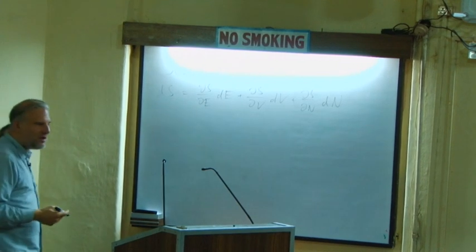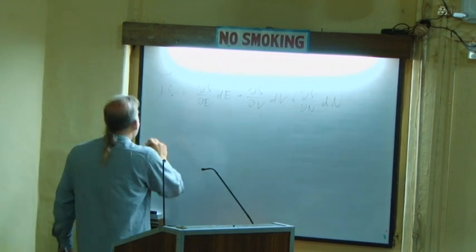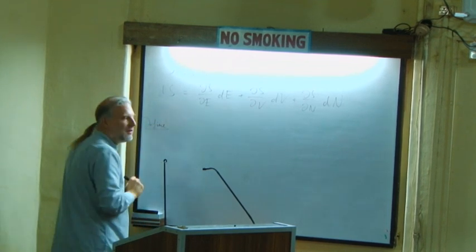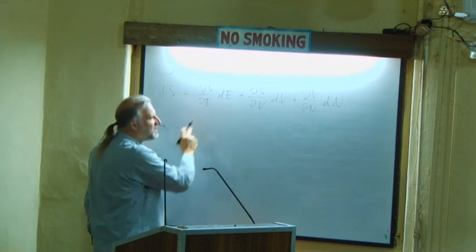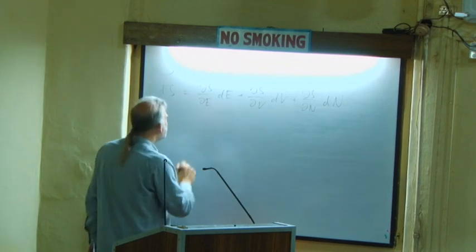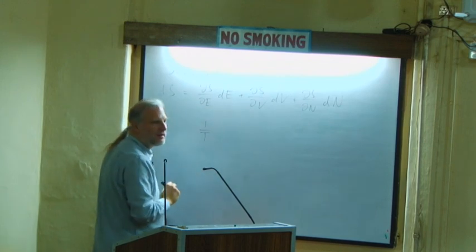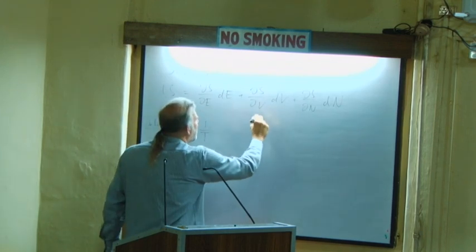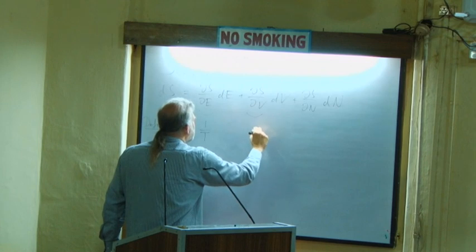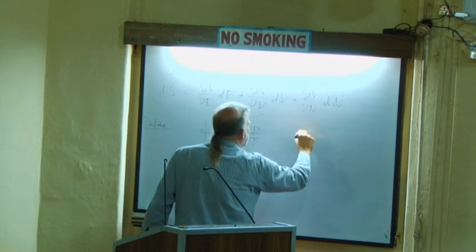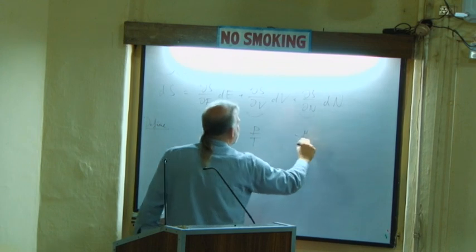This is just formal. And now I give names to these partial derivatives. I call this one 1/T, I call this one P/T, and I call this one −μ/T.